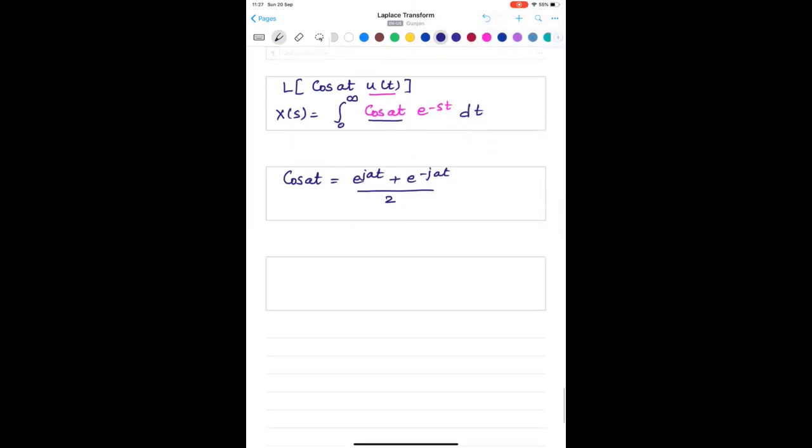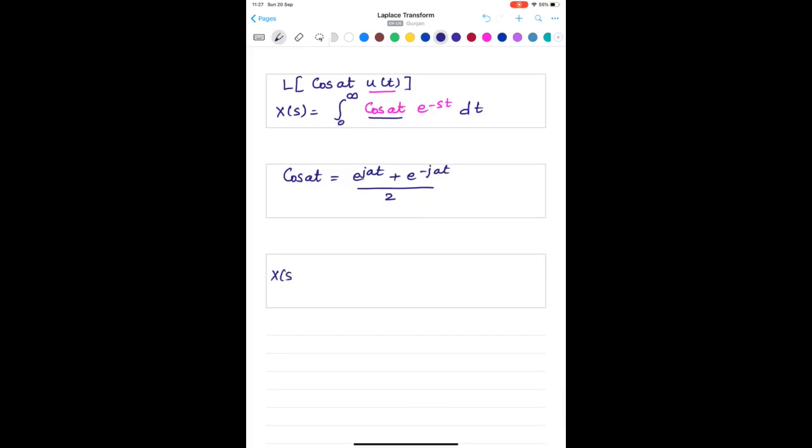Then put these values there. So x of s will be equal to 1 by 2, and this 1 by 2 comes here due to this, the integral from 0 to infinity of e raised to the power j at.